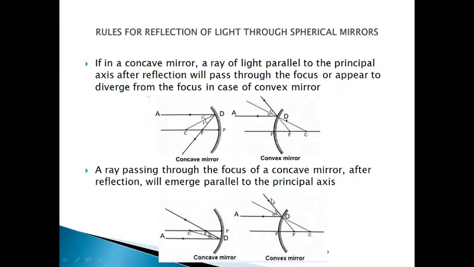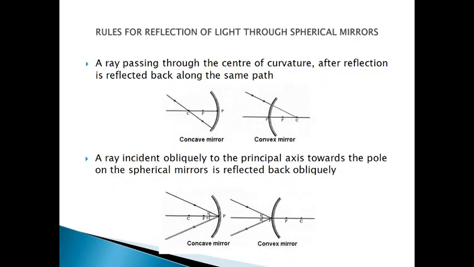The ray of light which is incident, going through the focus of the convex mirror, becomes parallel to the principal axis after reflection. So, dear children, don't get confused. The more you practice, the more you will become perfect. You all know that practice makes a man perfect.